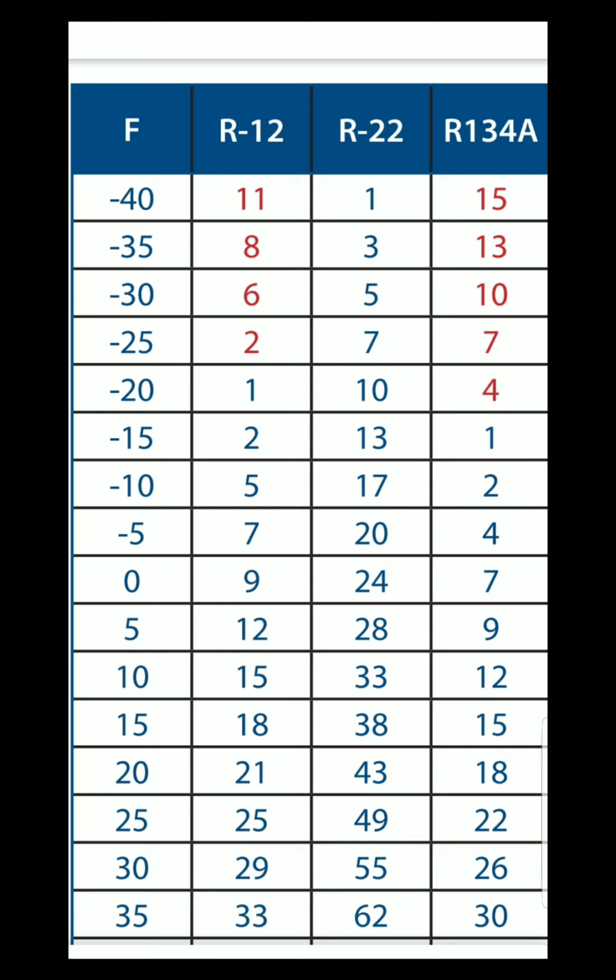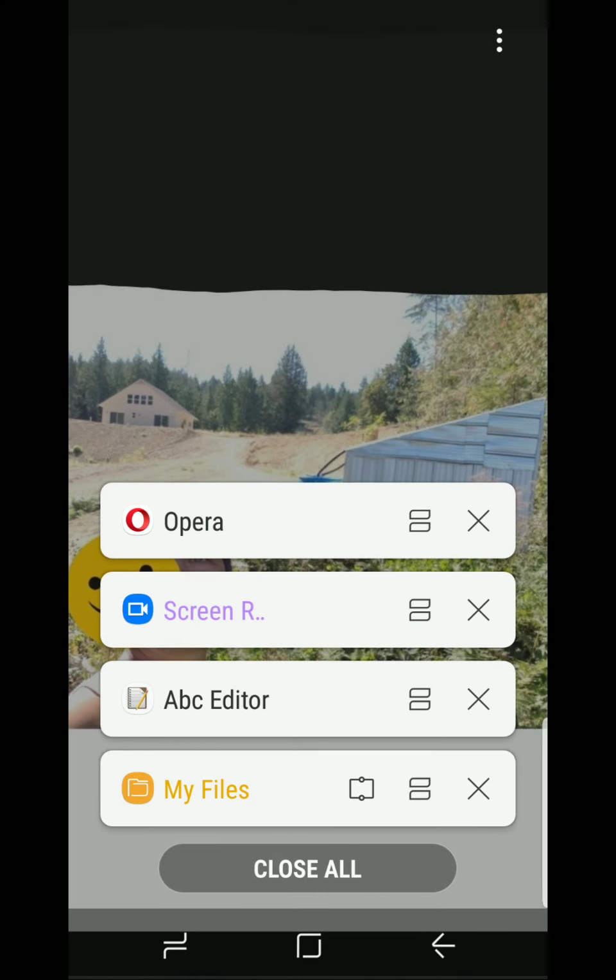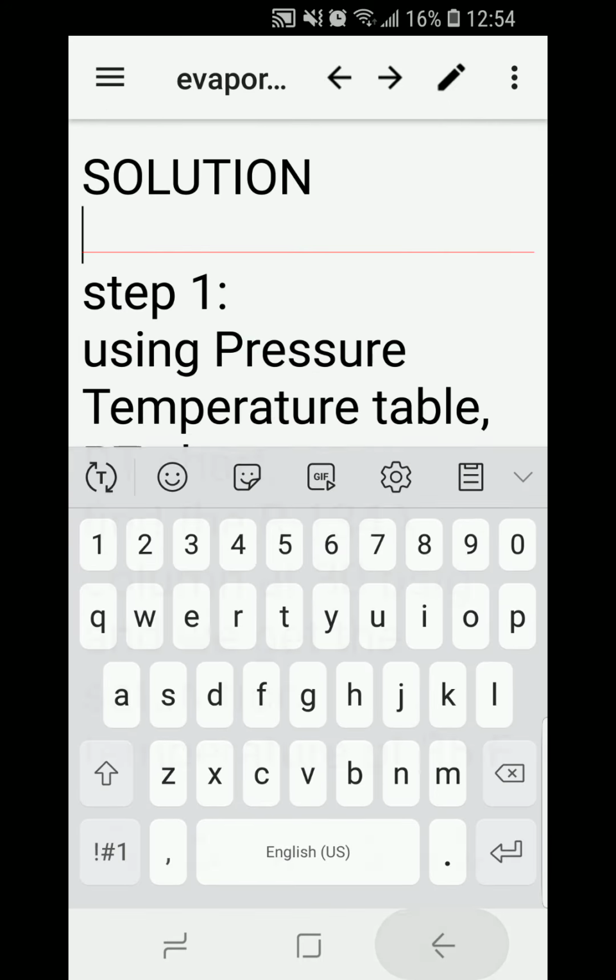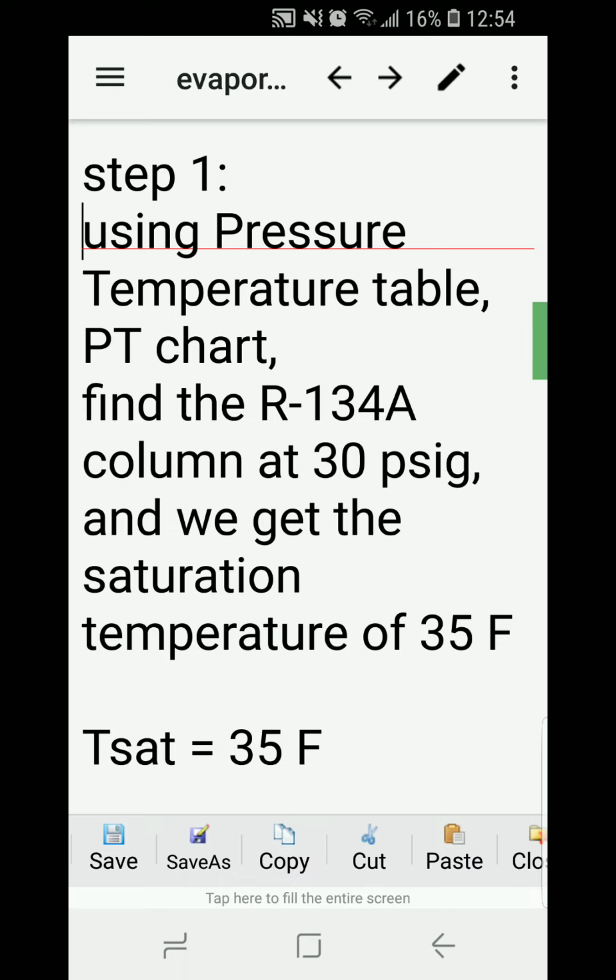So R134A, bottom right, 30 psig corresponds to 35 Fahrenheit saturation temperature. So we go back. That's how we get 35 Fahrenheit saturation temperature.